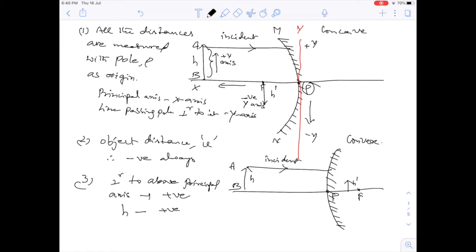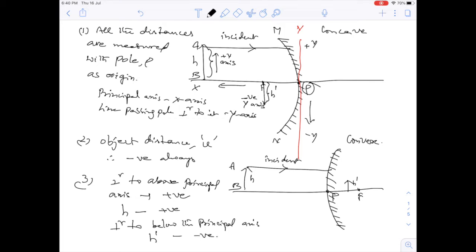Now, the height of the image, perpendicular and below the principal axis, is considered negative.